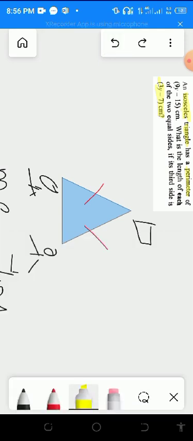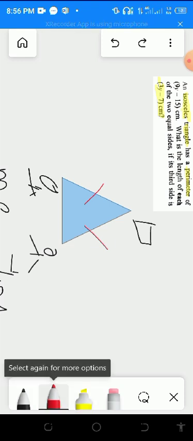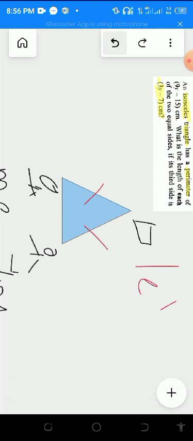In the previous example, I used 10 centimeters or 10 meters. Here we are going to use letters because we don't know the exact value. You can choose your own letter. Just make sure that you describe it. So how are you going to describe it? You can say, let A.